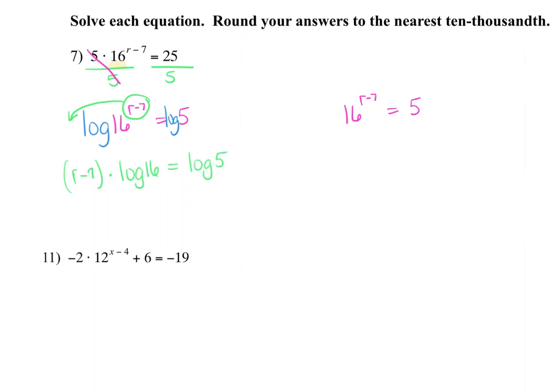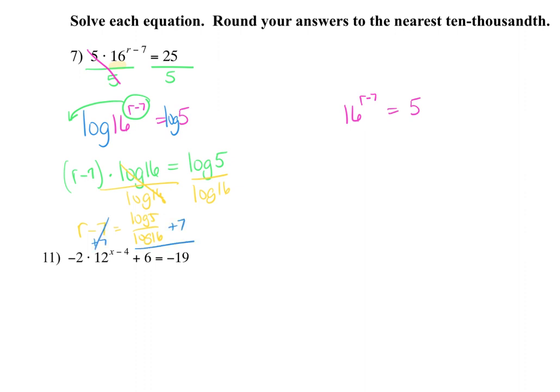And now I'm just solving for the r. To solve for r, I'm going to have to divide both sides by that log 16. I have that r minus 7 equals log 5 divided by log 16. And then my final step is to add 7 to both sides.